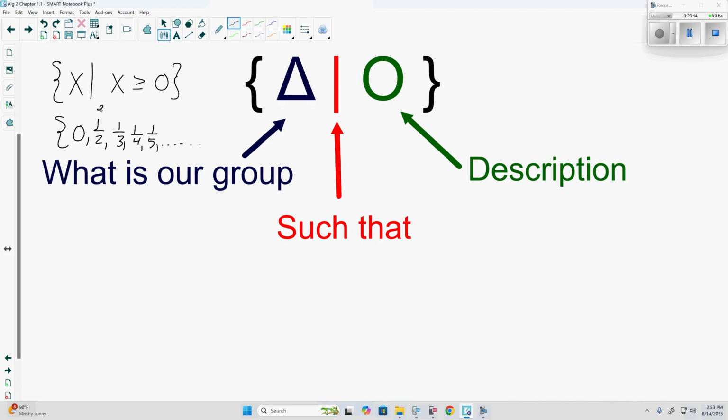We could also say 2/3. 2/4 would reduce. So we wouldn't necessarily list it because it's already listed once. So we can say 2/5, 2/7, 2/9, 2/10. Now the reason I'm doing odd numbers is because all the evens would reduce down to a previous one.